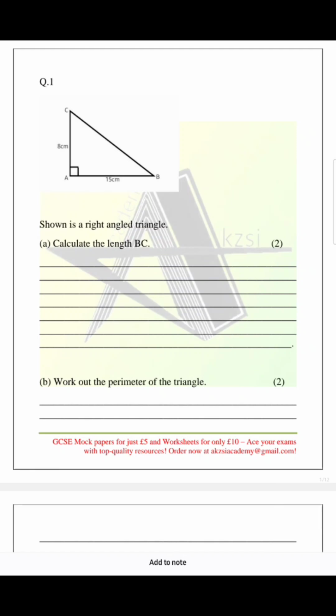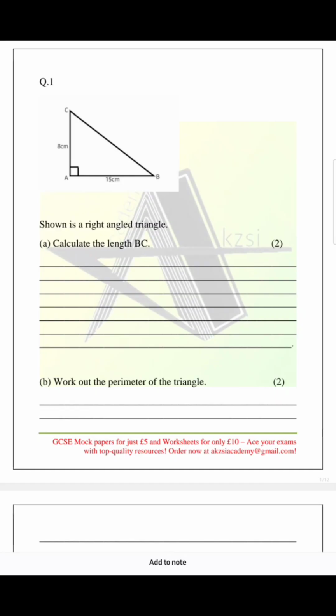We'll go step by step through each question, breaking down when to use sine rule, when to use cosine rule, when to use the simple trigonometric ratios, because they also cover a major portion, and how to handle right angle triangles or non-right angle triangles.